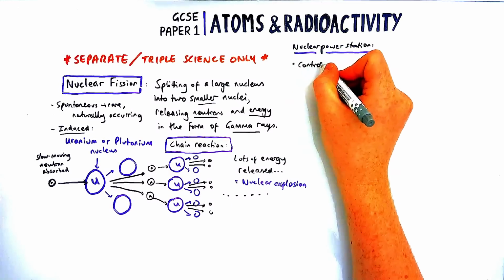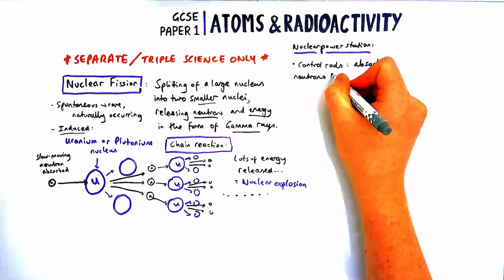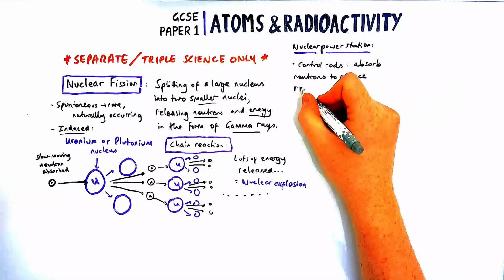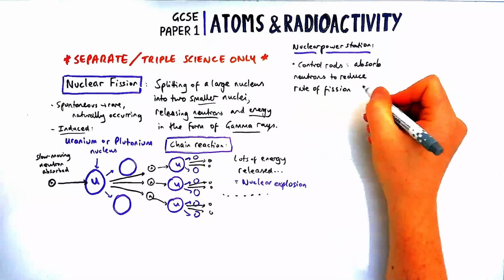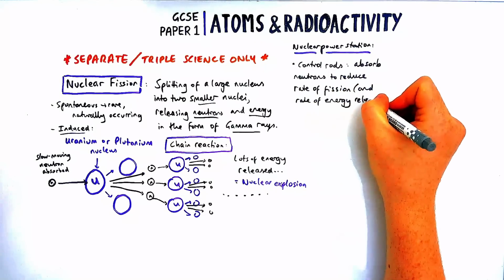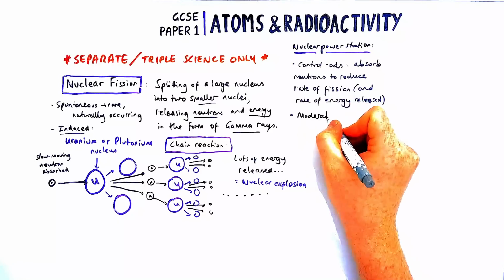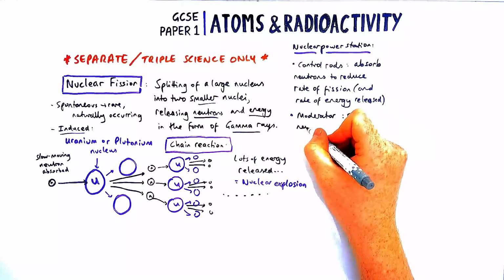Control rods are a big part of a nuclear power station because they allow us to control the rate of reaction. They absorb the neutrons, so they reduce the rate of fission. They reduce the chances of those neutrons going on to cause more fission. A moderator is another example of something in a nuclear power station.